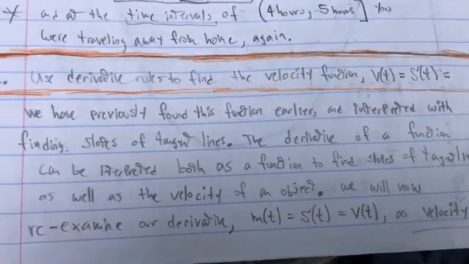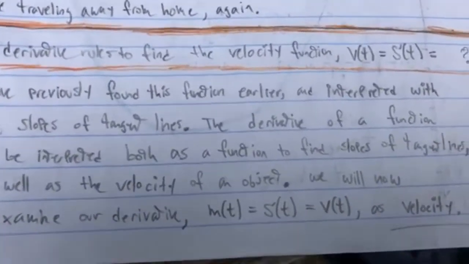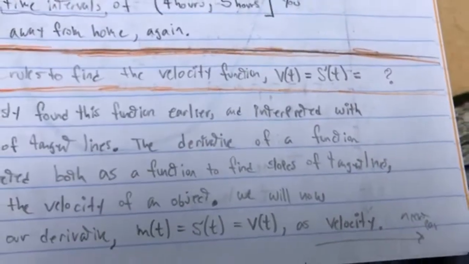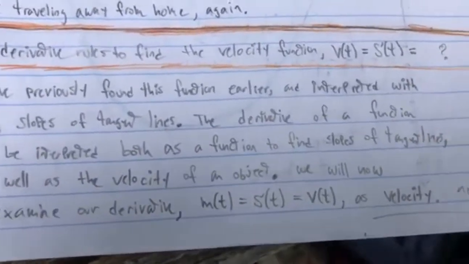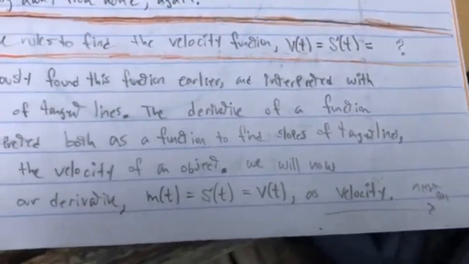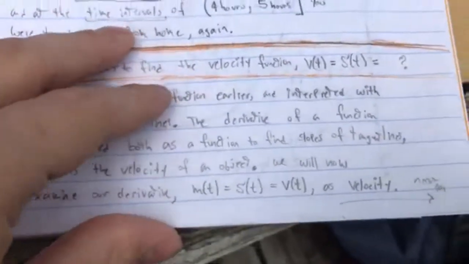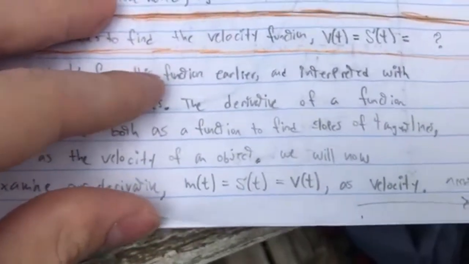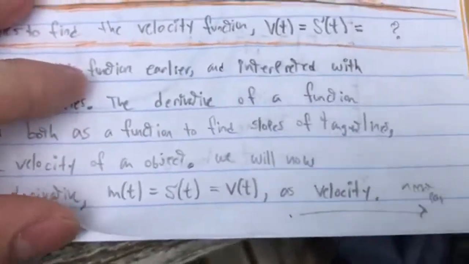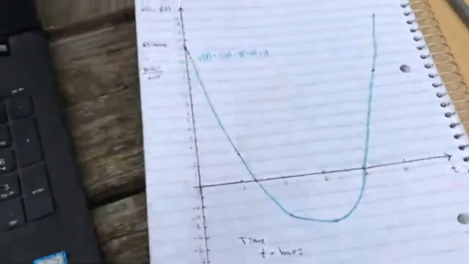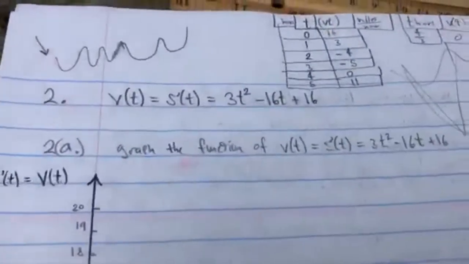The derivative of a function can be interpreted both as a function to find slopes of tangent lines as well as the velocity of an object. We will now re-examine our derivative m of t equals s prime of t, which is equal to v of t, as velocity instead of tangent lines, even though they're the same.